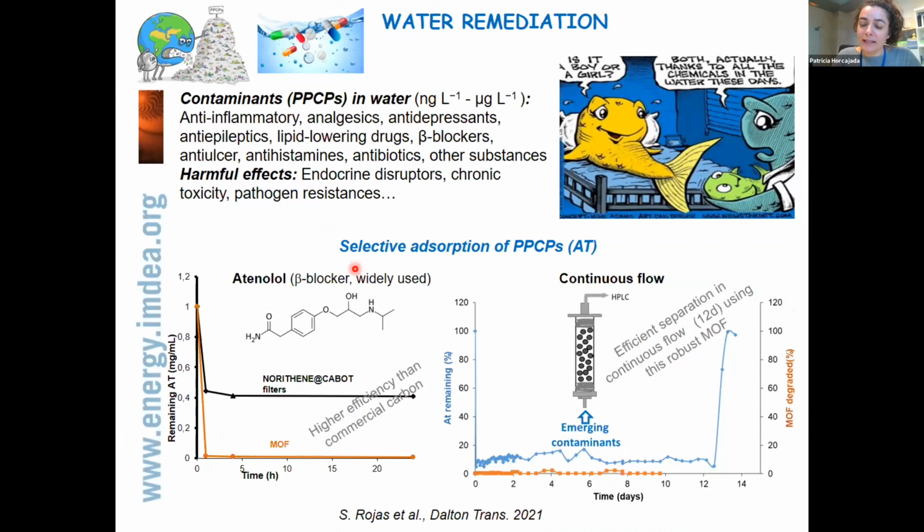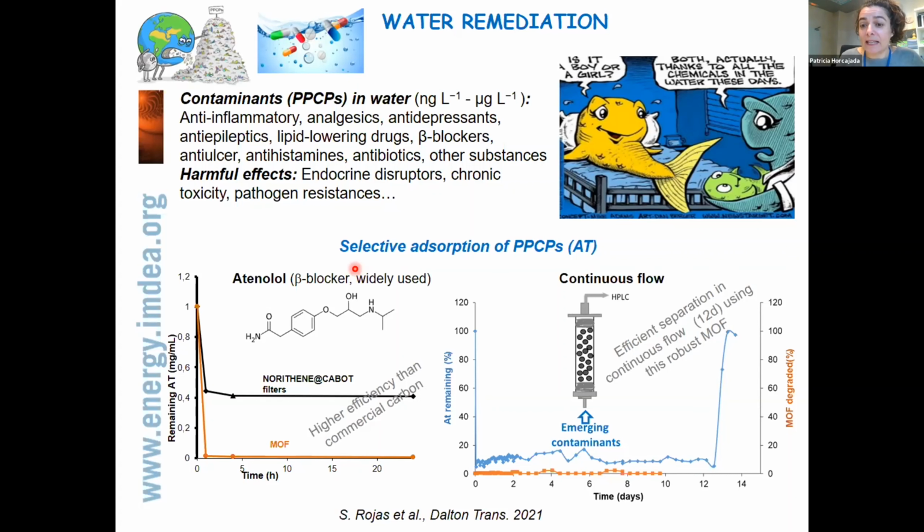And finally, I would like to present another application in the environment, water remediation. We could also use the exceptional ability of MOF to encapsulate drugs for environmental applications, such as water decontamination. As you know, pharmaceutical and personal care products are present in water, rivers, seas, and so on, leading to serious and harmful effects on the environment.